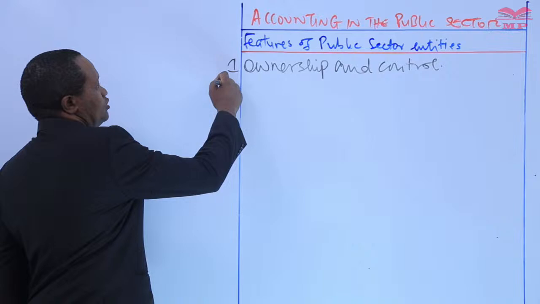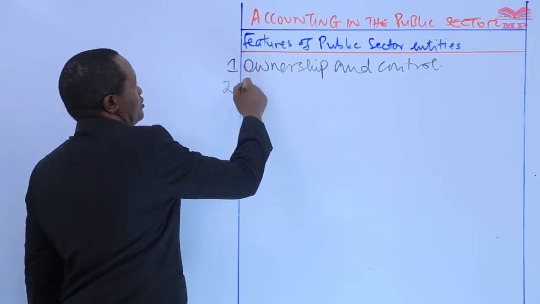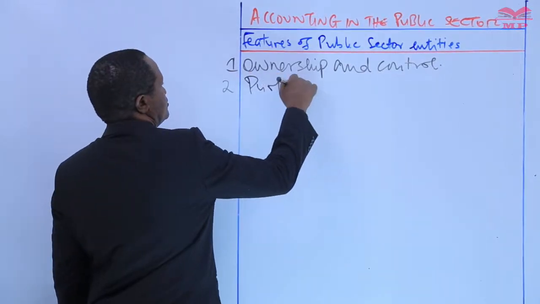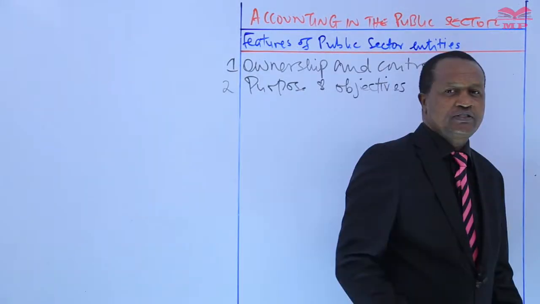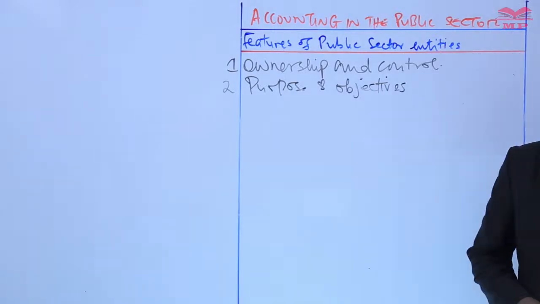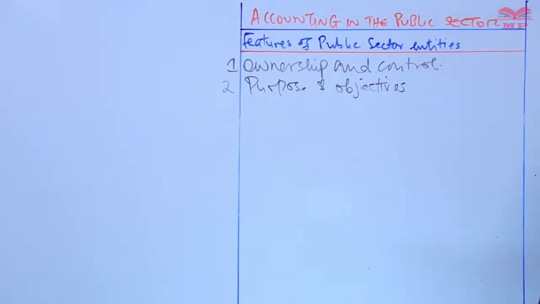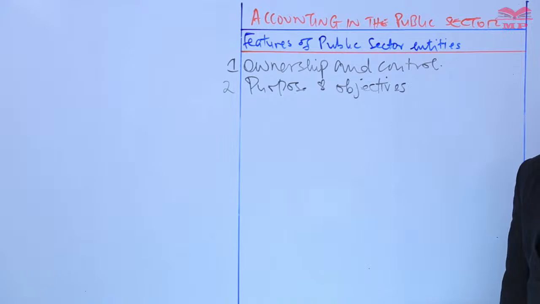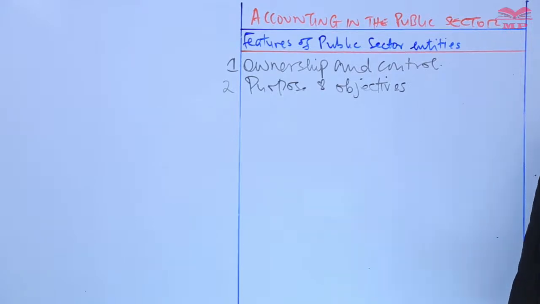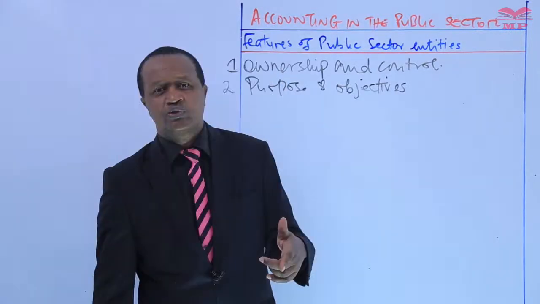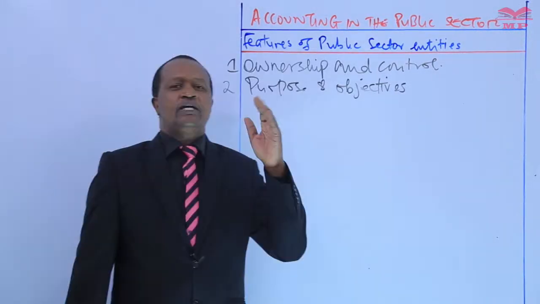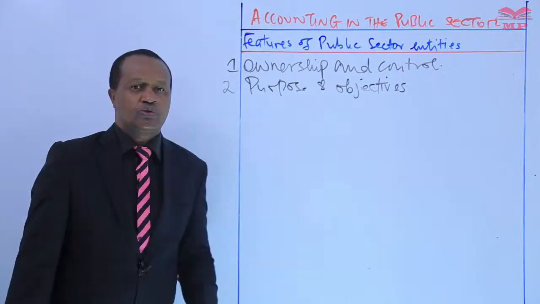Number 2, purpose and objectives. Candidates, entities in the public sector typically serve the public interest, and the aim is to provide essential services and goods to citizens, such as education, healthcare, infrastructure, defense, and so on.